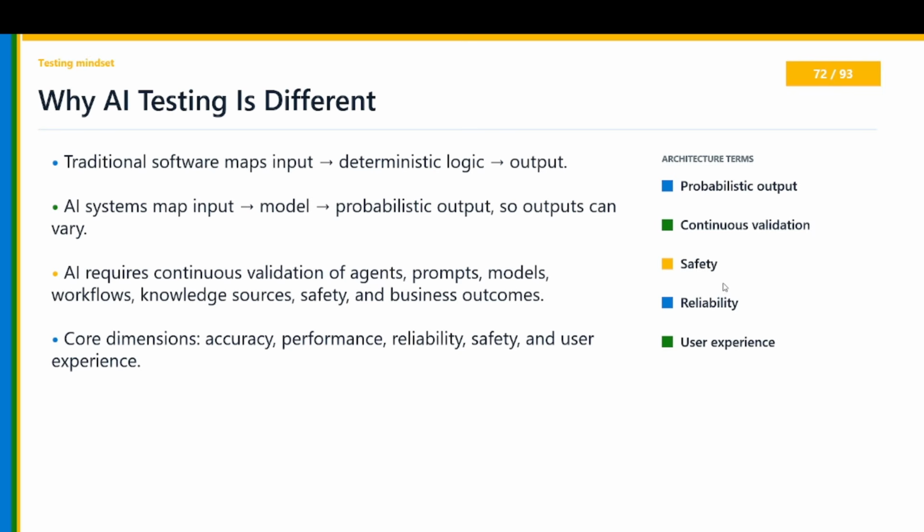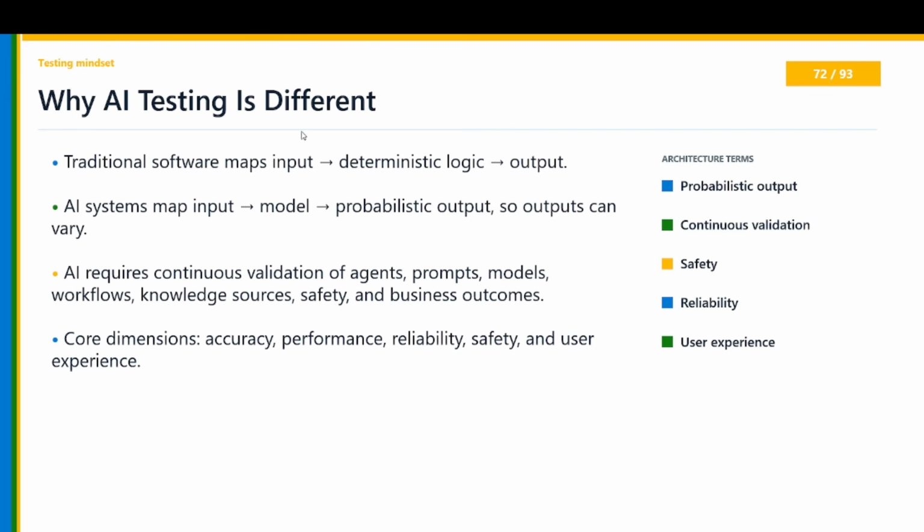Is it obeying the company policy? Is Microsoft Defender for Cloud or Microsoft Purview being applied? Then reliability: is it reliable, is it meeting the need of the user, is it generating ROI, what is the total cost of ownership, and are people adopting it? Then user experience: the entire user experience is determined from secure adoption, how people adopt the agentic AI system.